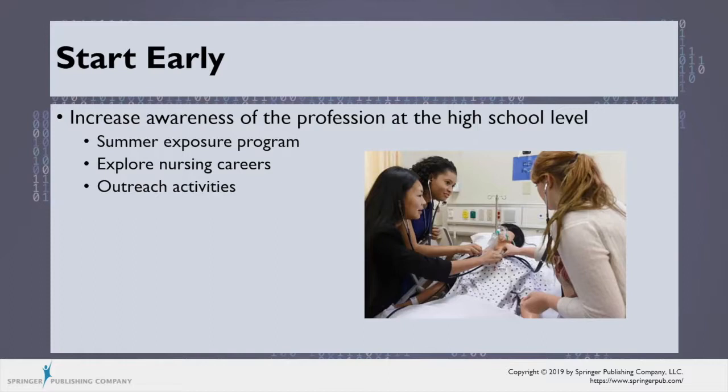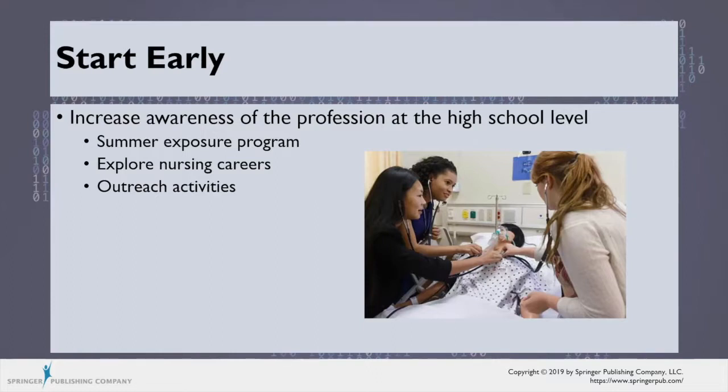So these are the things that we can do to really engage students at a very early level. We can hook in our students, our researchers, our faculty, for students to see who we are, the possibilities in nursing, the opportunities in nursing, and what we do.